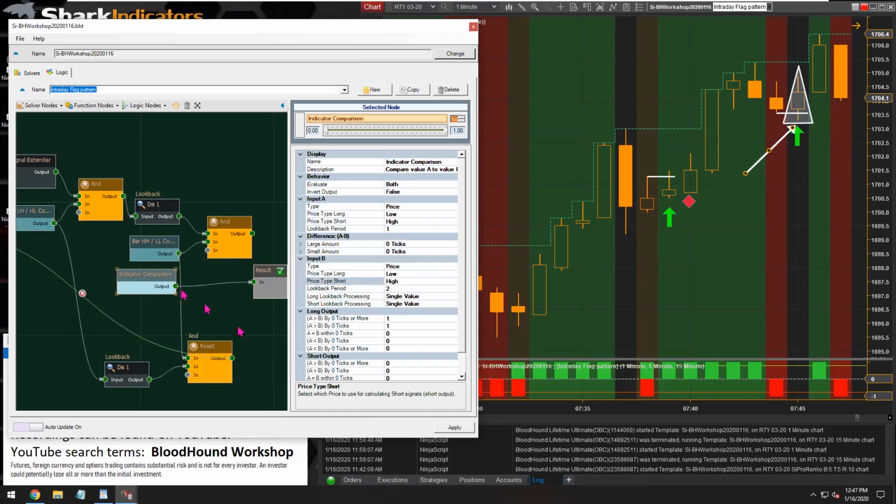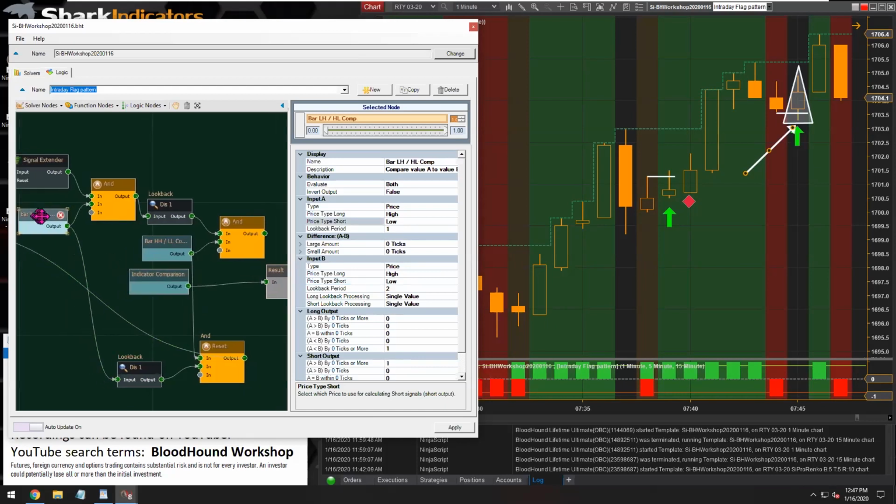Remember on these other two solvers, for a long signal we were using the high prices. But this time, to check for this kind of violation, this breaking of the flag pattern, we're going to use the opposite bar price.